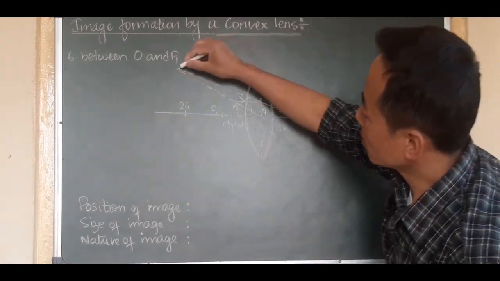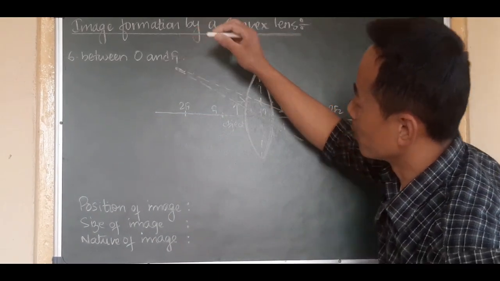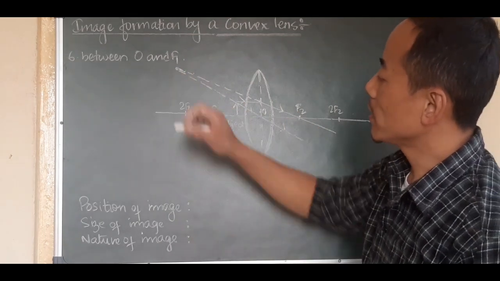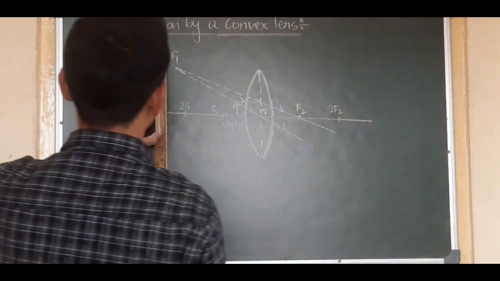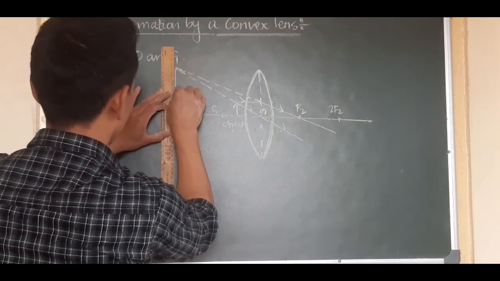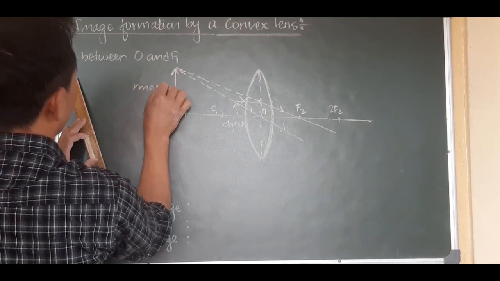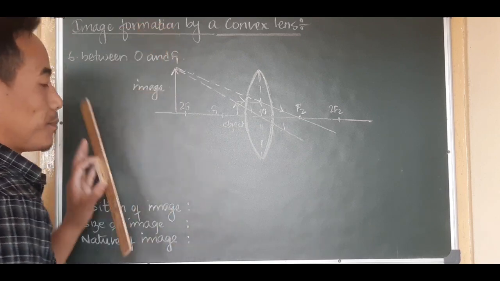You can see it is intersecting at this particular point. Wherever they intersect, you just have to drop a perpendicular, and this will be the image of the given object.